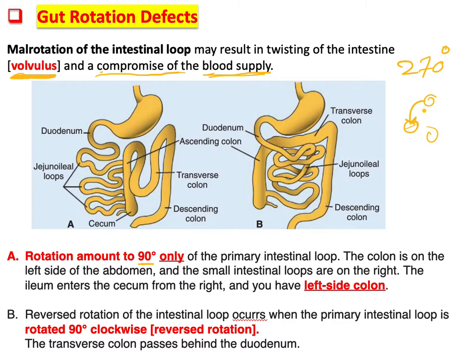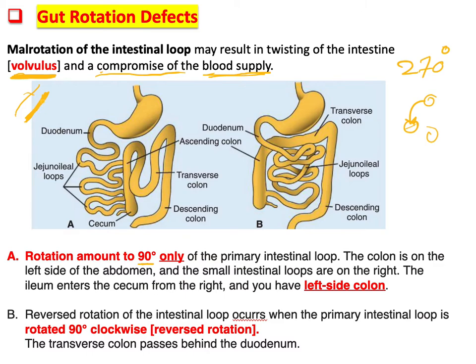that means the colon is on the left side, right? As you see here, because we know that we have caudal and rostral limbs, and when they rotate, the caudal limb will give mostly the large intestine. I'm talking about the midgut, that means cecum, ascending colon, and the right two-thirds of the transverse colon.